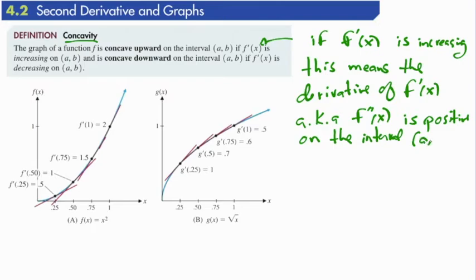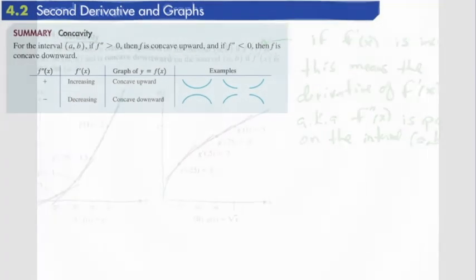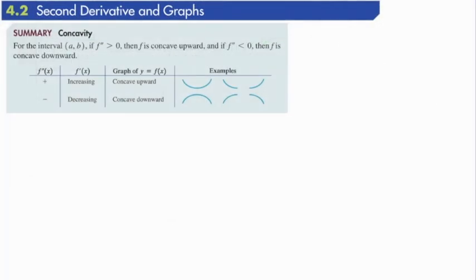And the interval we're looking at is AB. So for the interval AB, if f double prime is greater than 0, it is concave upward. If f double prime is less than 0, it is concave downward.